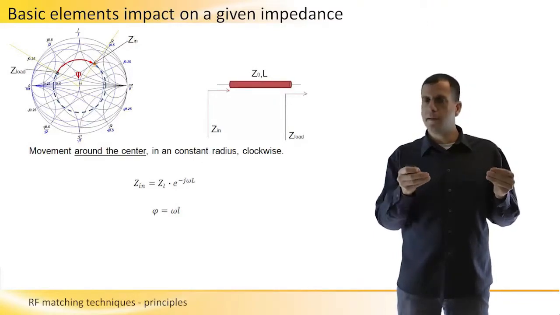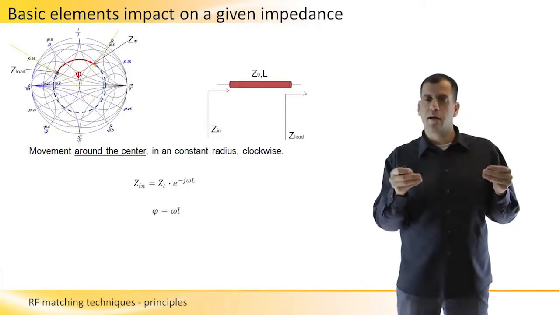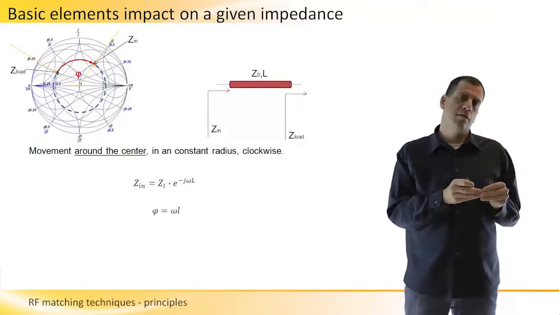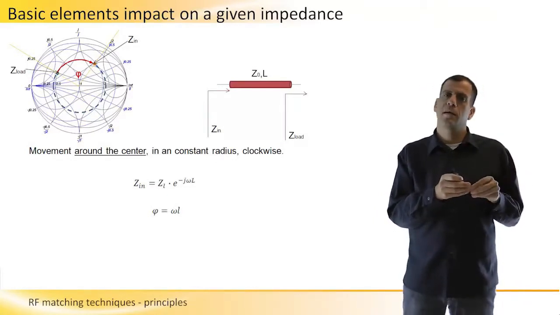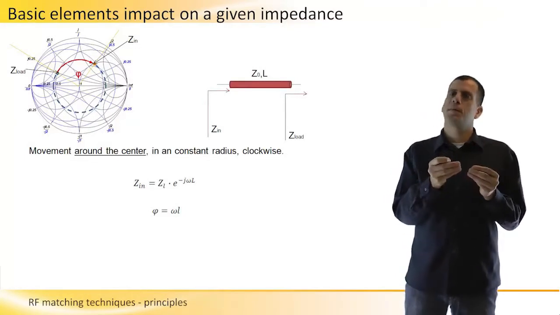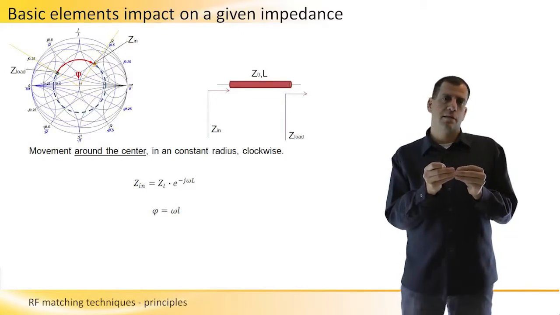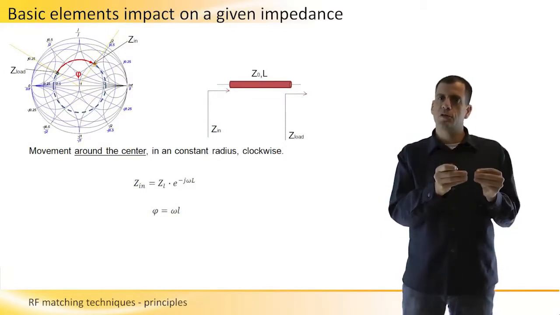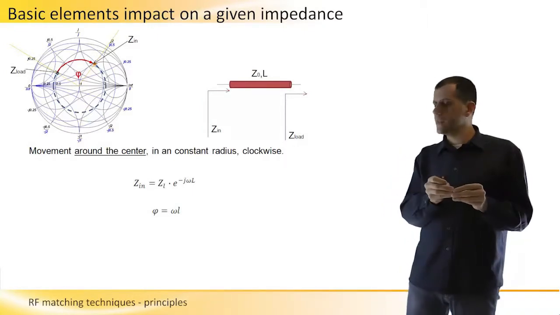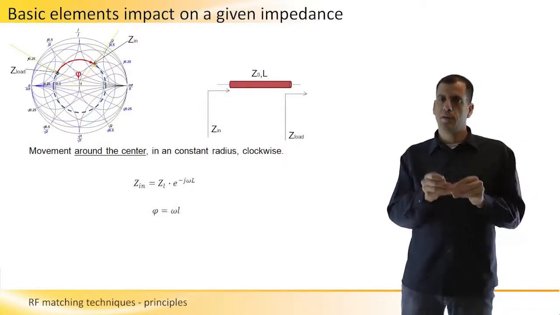The end target that we have is to take our impedance that is not matched, that is not the Z0 or the characteristic impedance of our system, and we want to change it to be Z0.